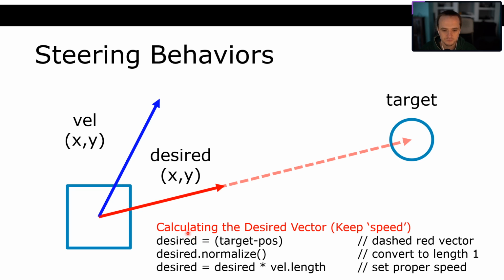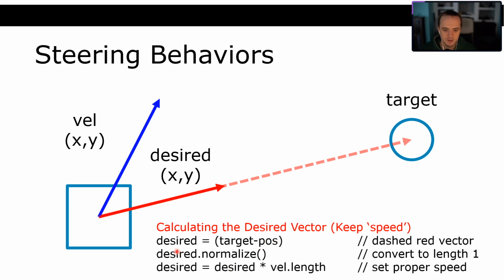So desired, this dashed vector, is going to be target minus position. My current position is here, my target position is here. And remember, to get the vector from one point to another, that is the target minus the source.